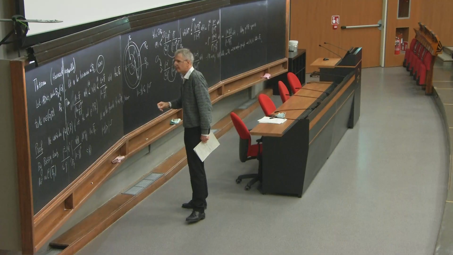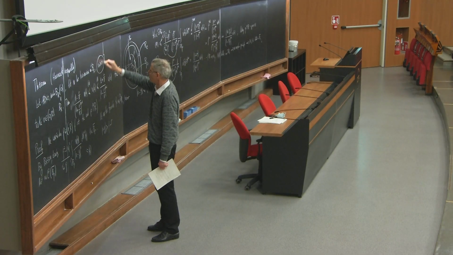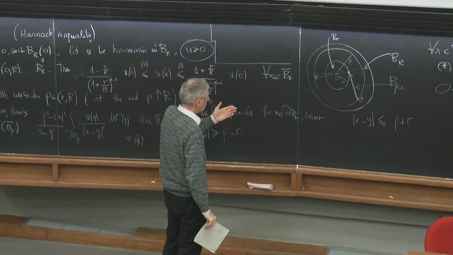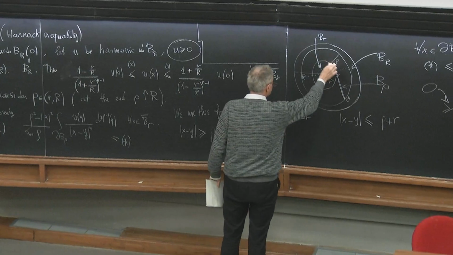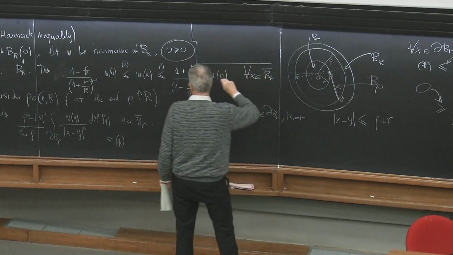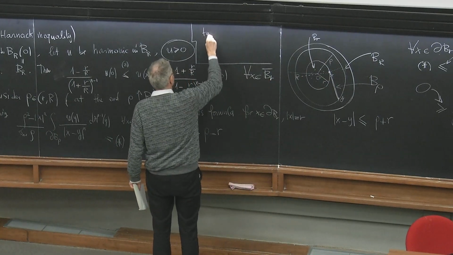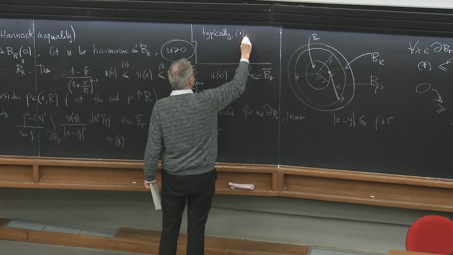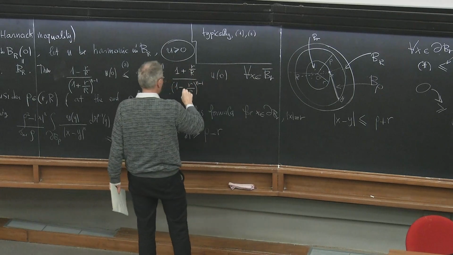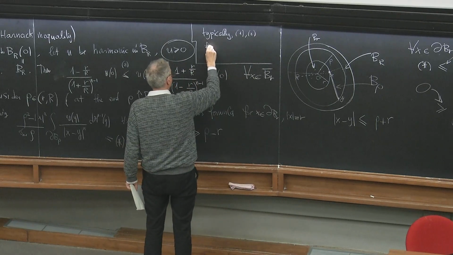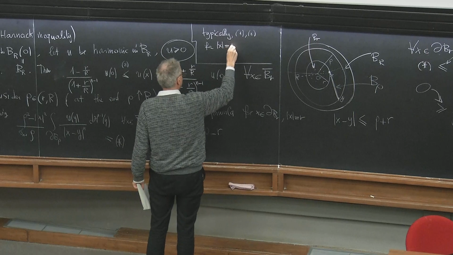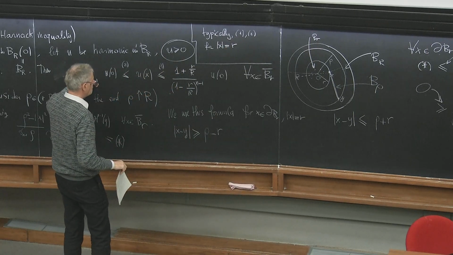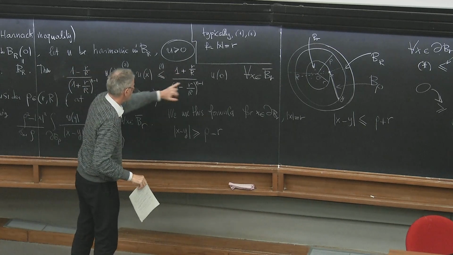So typically, maybe a remark. What's important here is to do the estimate just for points on the boundary. So typically, 1 and 2 will be applied when norm of x is equal to r.